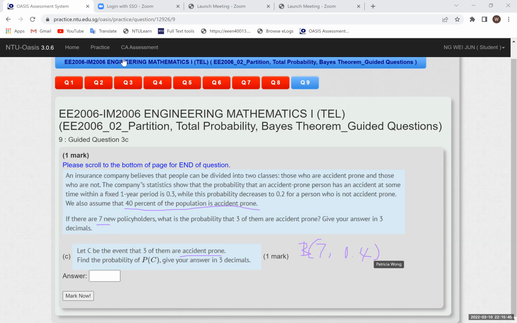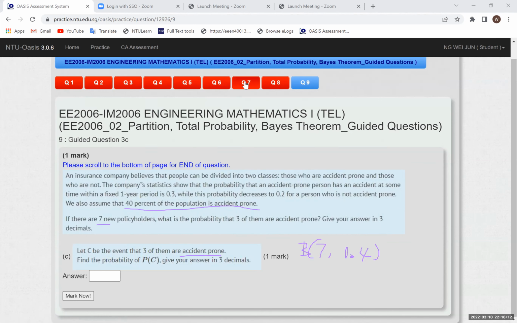I got confused because we learn binomial probability in the later part, not under this content. So I don't know why this question needs it. Is there another way? Maybe you got part A, part B. Well, I see that this one is C, right? Yes.